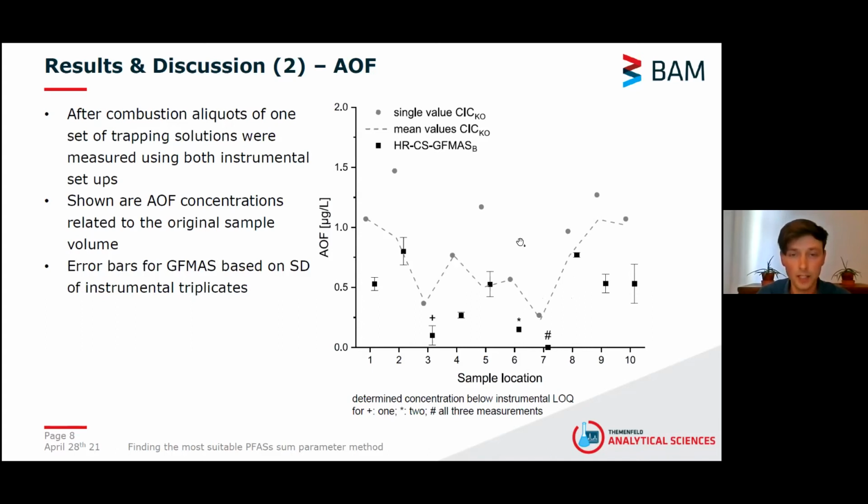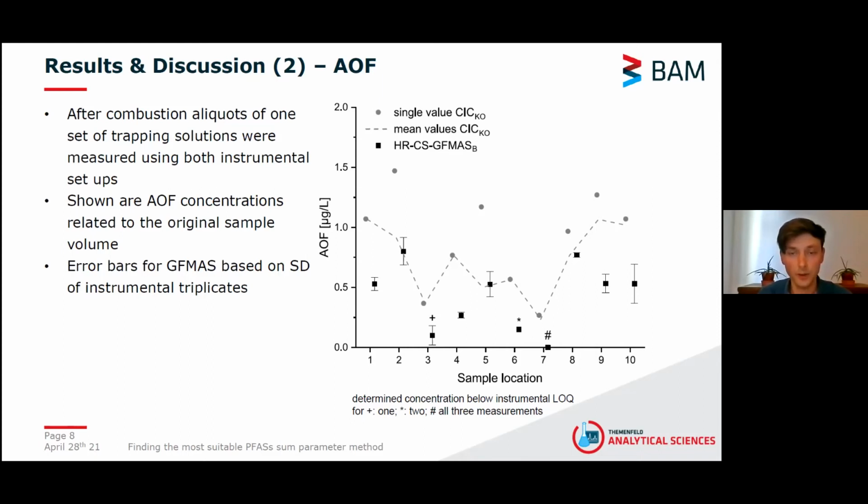Plotted are again the determined concentrations against the sample locations. Please note that the data points refer only to one set of samples because we were only able to aliquot one set of these AOF trapping solutions. The dashed gray line would represent the triplicate mean values of the AOF CIC determination.